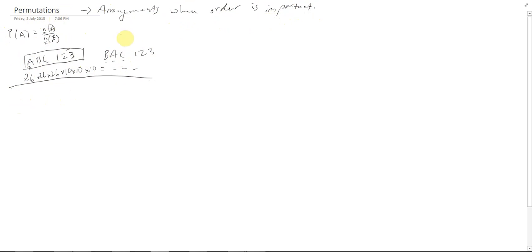So if you have a permutation, you generally don't include something like A, A, B as a possible arrangement because you've got 2 A's here. So usually when we're talking about permutations, we're talking about order being important and no repeats.